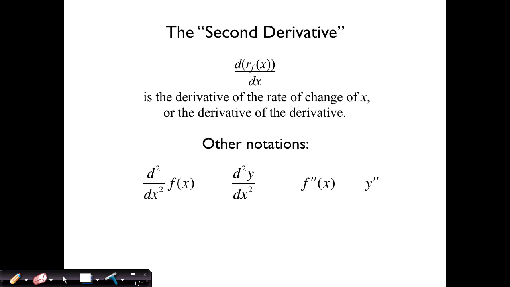It's just a notation, but it comes from ideas of multiplication and fractions, why they're positioned the way they are. I won't get into details of that today. But the prime notation varieties, if it's a function name, f prime prime, f double prime of x, or if it's just called y equals, the second derivative is y double prime. So there's a variety of different notations, but these are all talking about the rates of change of our rate of change function, or describing how the rate of change is changing.